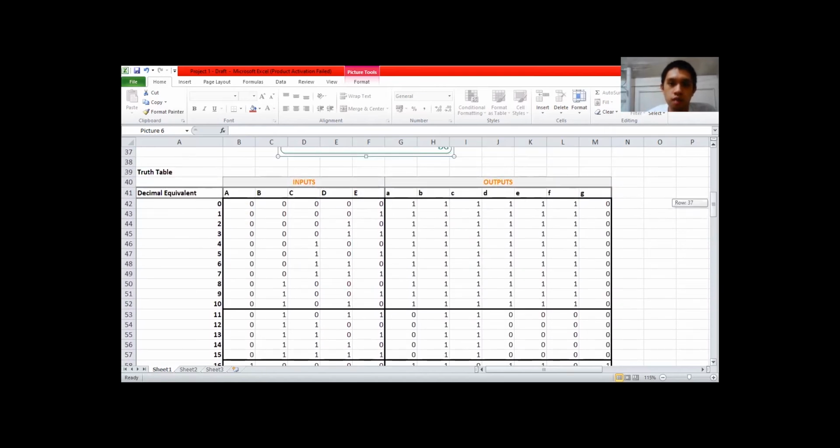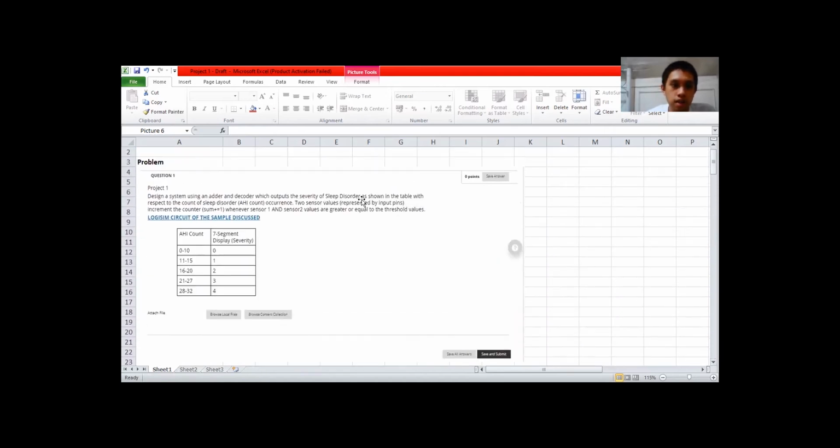So let me go back for a while. An output of 0 will be displayed if the AHI count is within 0 to 10.